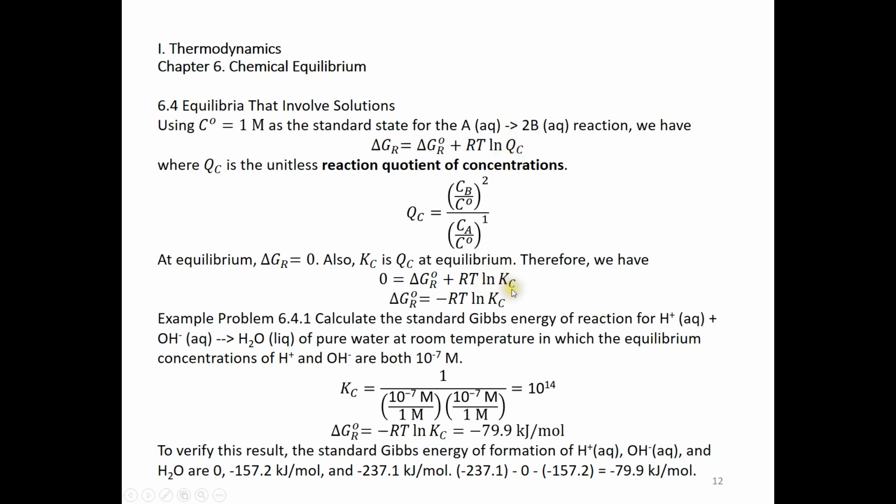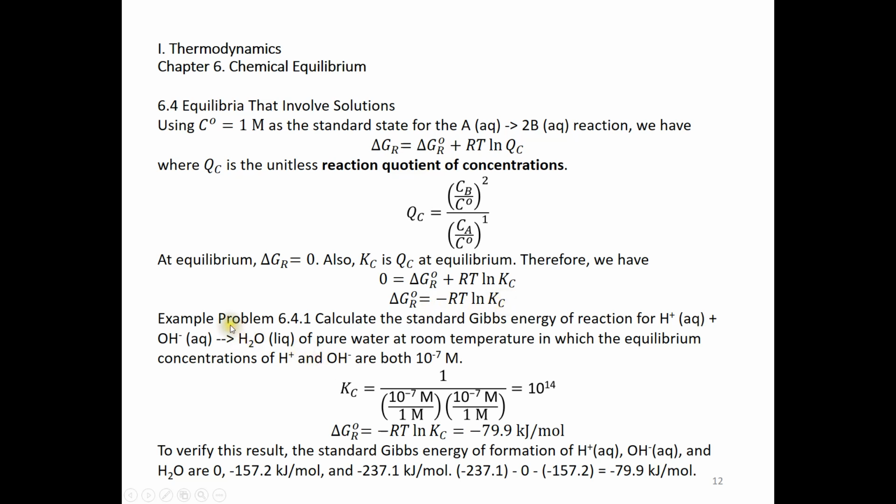Okay, again, K sub C, the equilibrium constant of concentrations, is simply the reaction quotient of concentrations when the reaction is at equilibrium. So we have this equation, and now the standard Gibbs energy of reaction is equal to negative RT times the natural logarithm of the equilibrium constant of concentrations.